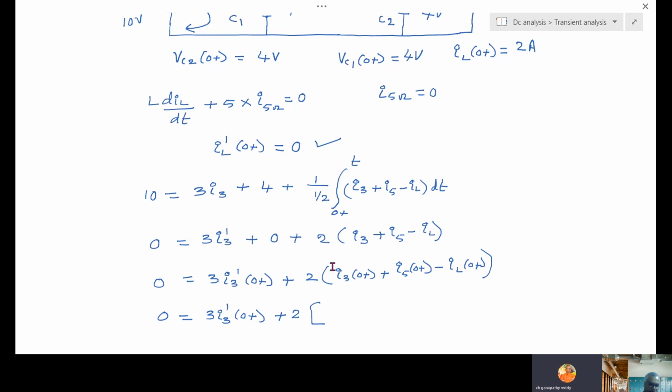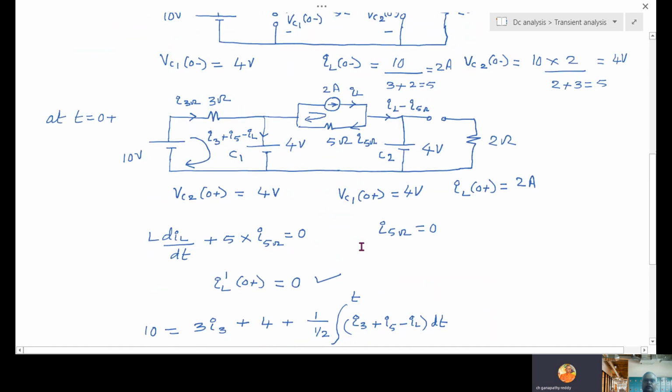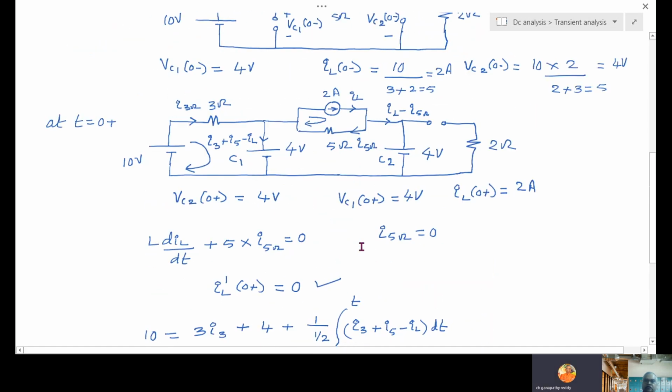What is I3 0 plus? Not done. What is I3 0 plus? This voltage is 4. Voltage here 4. Voltage here 10. So what is I3 0 plus? 10 minus 4 by 3.